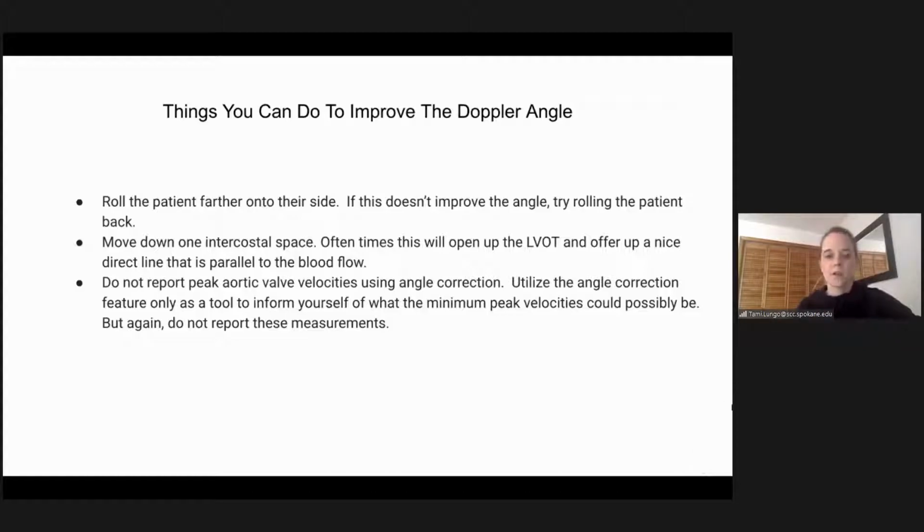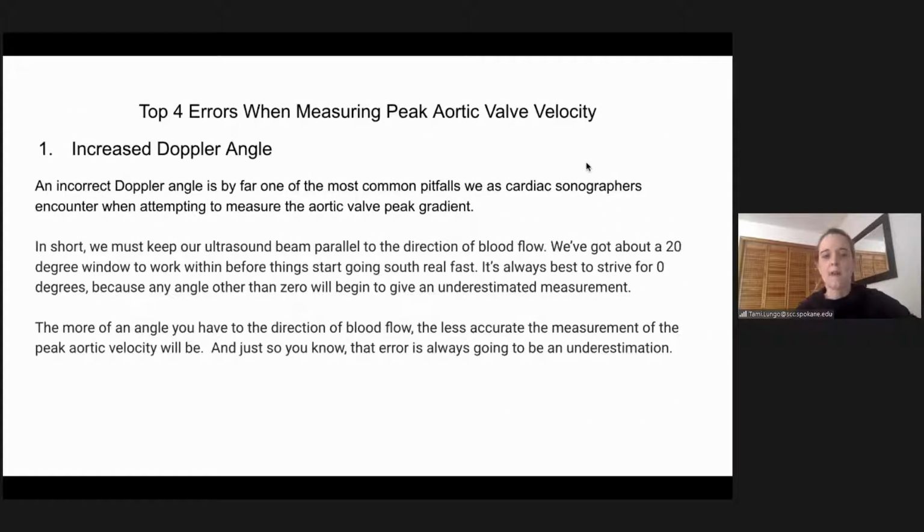Again, I'm just going to brush up over the specifics that I want you to know. I'm not going to read every slide word for word. The main error that we have when we're trying to get a peak aortic velocity is the Doppler angle. People just throw the Doppler across the aortic valve and think it's going to be a true velocity.